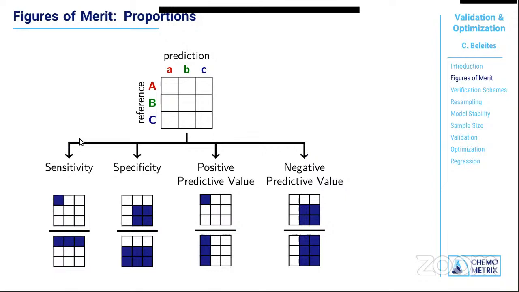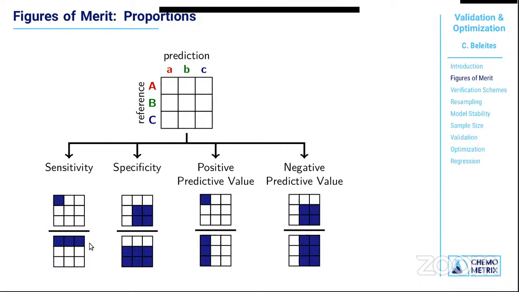we look at certain fractions and proportions of certain parts of these. So, for example, sensitivity, we can describe sensitivity for class A as those cases that were correctly found as class A, that also actually belong to class A, that's why it's correctly found, put into proportion to the total number of truly, that is reference, class A cases, which would be the marked row here.